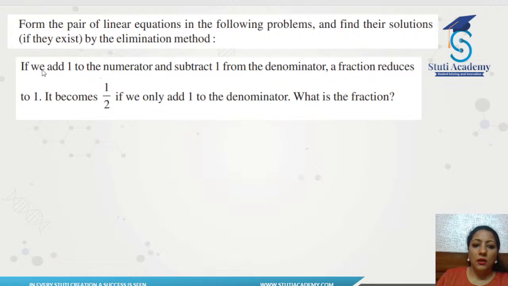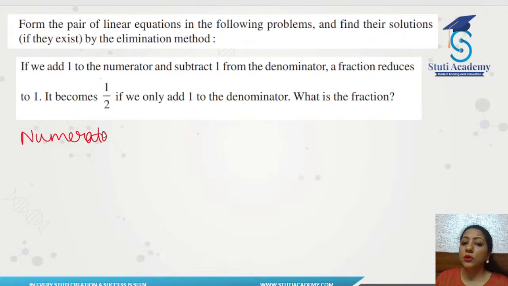So coming to the first question: if we add 1 to the numerator and subtract 1 from the denominator, a fraction reduces to 1. Just by reading the statement, I can figure out that we are talking about an unknown fraction. I'm talking about the original fraction.